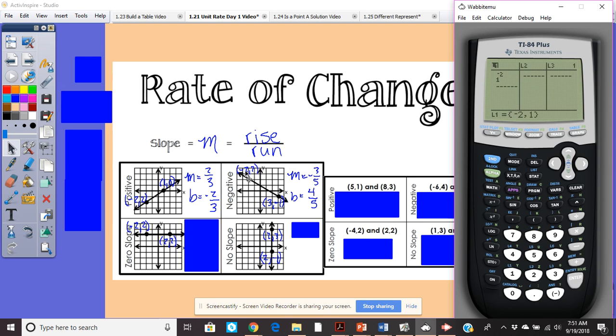Here we've got -2 and 3 as our x's, and our y's are +3 and -1.